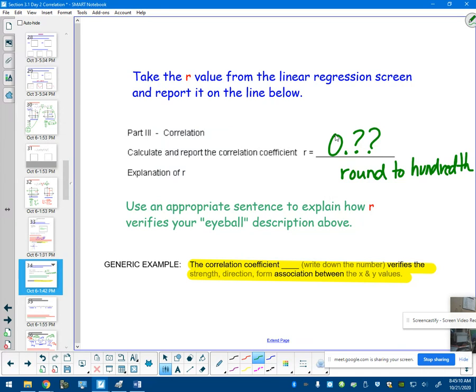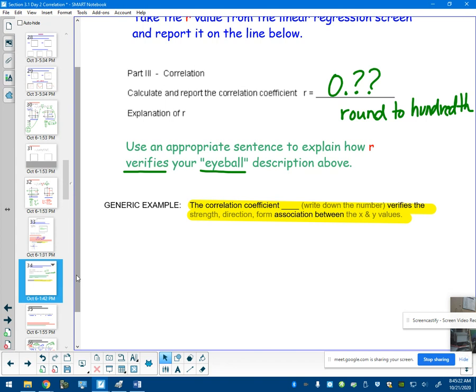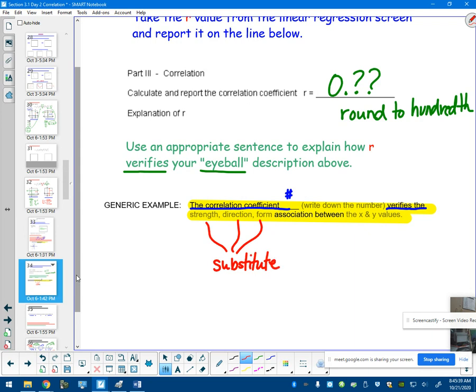And then R verifies what we saw with our eyeballs. So the sentence is almost the same. Instead of saying this scatter plot displays, we're going to say the correlation coefficient, and then you're going to write in the number. And then you're going to say verifies the, and then these words you have to substitute appropriate words.